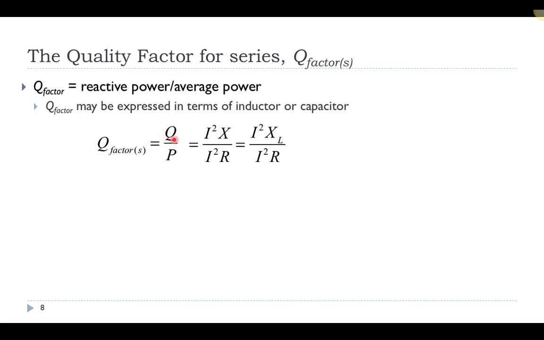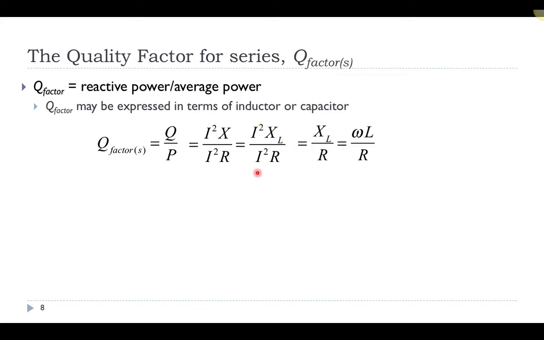And so the reactive power can be written as the current squared times the reactance. The real power is the current squared times the resistance. This reactance can be inductive or capacitive. We usually choose the inductance part, but certainly we could do the capacitor part.